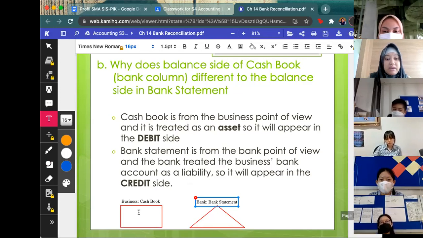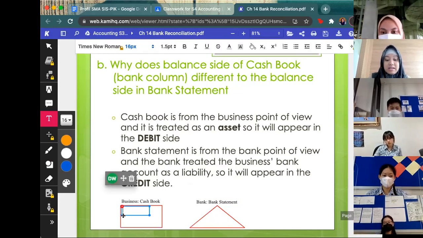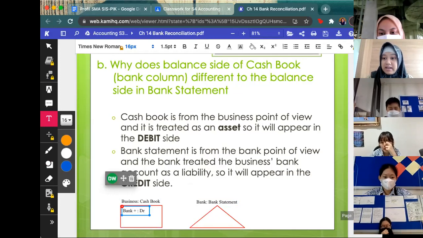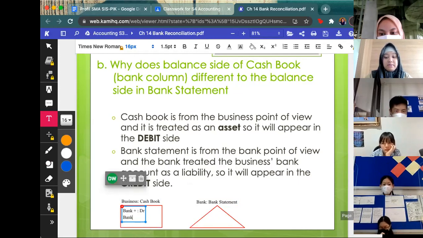Now, in the business cash book, when we record transactions of bank in, when the business bank is increased, it will be shown on the debit side. Agree? Meanwhile, if the bank is decreased, it will be shown on the credit side.